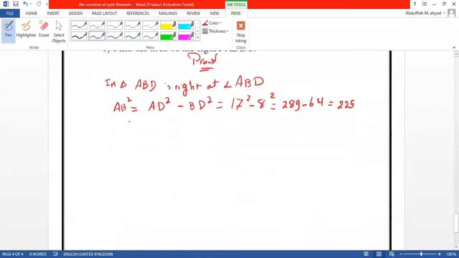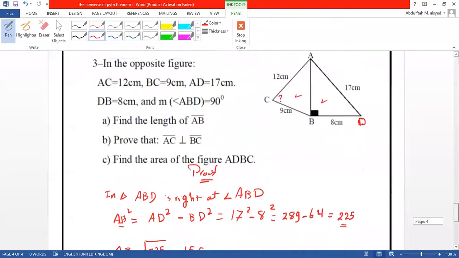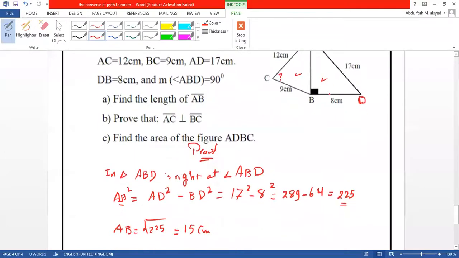Now AB squared equals 225. So AB equals the square root of 225 equals 15. Okay. So now you have found the length of AB, which is 15 centimeters. Now this is the first required.